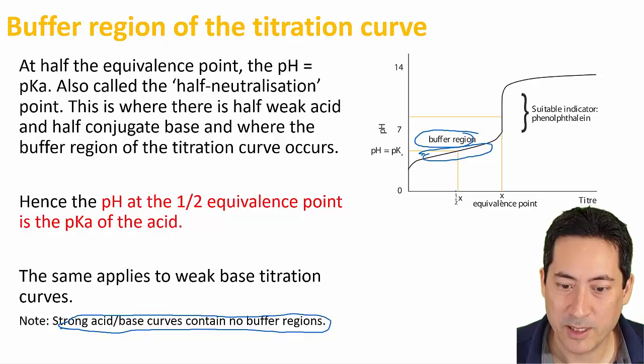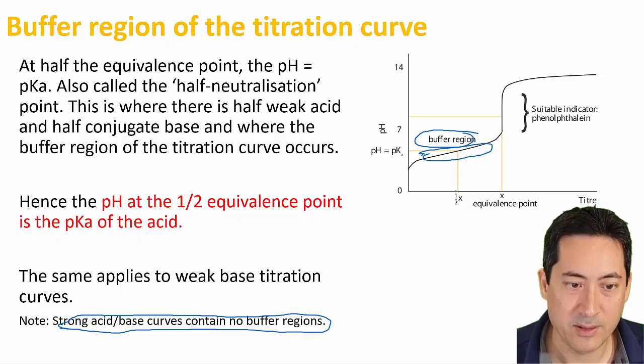And more specifically, at half the equivalence point, you've got exactly half the acid plus conjugate base for this one, and that, subbing into the equation, turns pH into pKa.